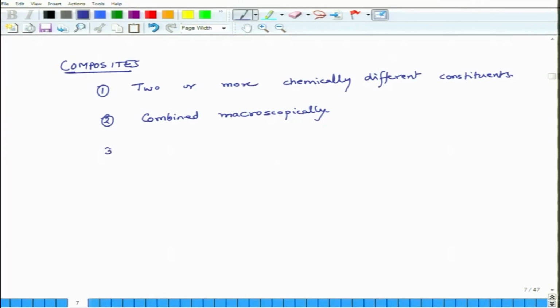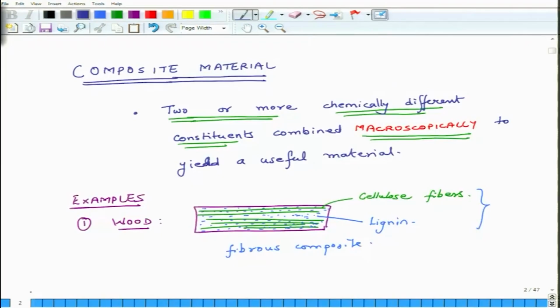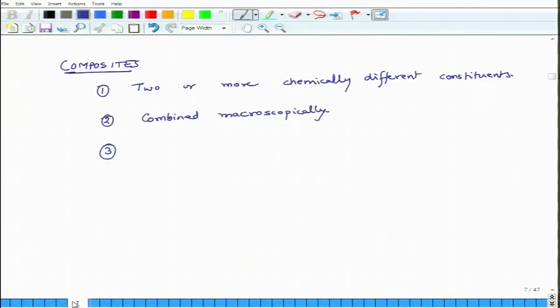The third thing is, so yesterday I had said that it should yield a useful material. Now, what that implies is that the properties of the final product should be significantly different than that of constituents. If it is same as the constituents, then there is no new useful material, right.